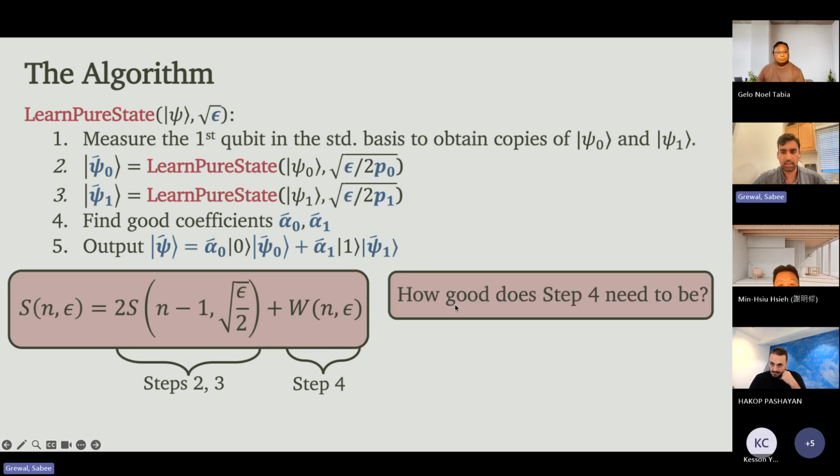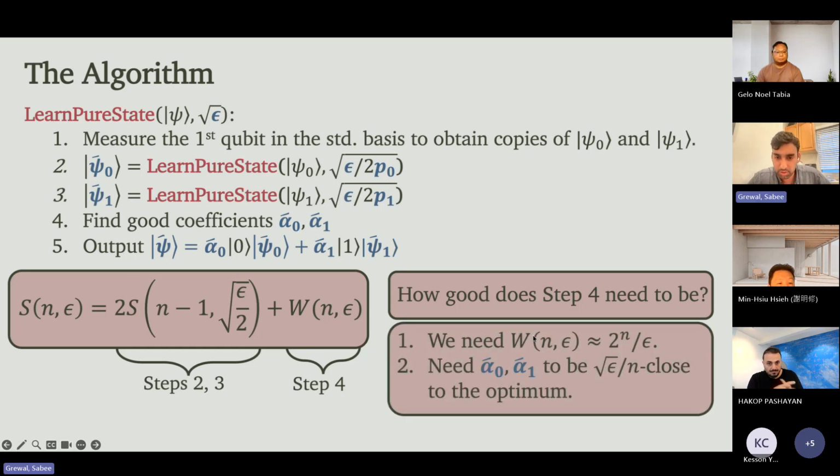And it's not too hard to see. So the question is, how good does step 4 need to be so that we achieve this copy complexity? And a second question is, how accurate do our coefficients need to be? How close to the true optimal coefficients do we need to get so that our final output is actually epsilon close to the input state? For the first question, in order for the copy complexity to be roughly 2 to the n over epsilon, it suffices for this find good coefficients step to also consume about 2 to the n over epsilon copies.